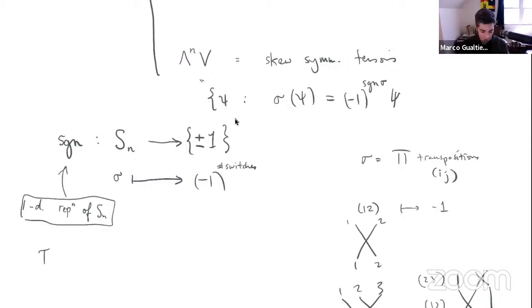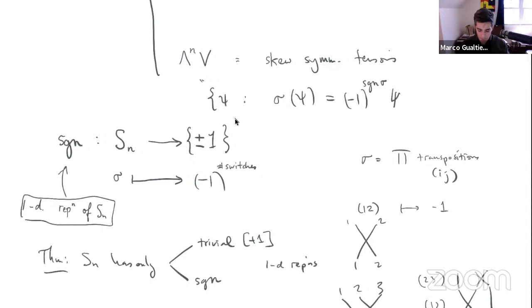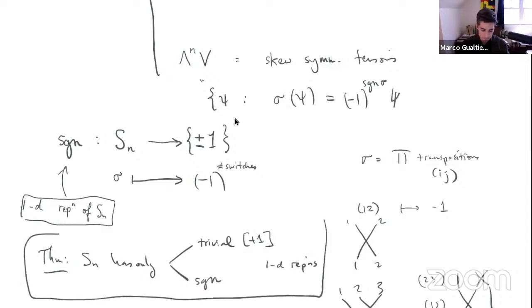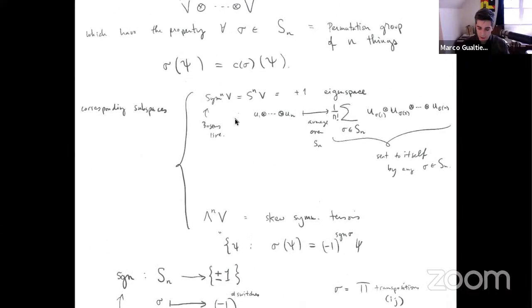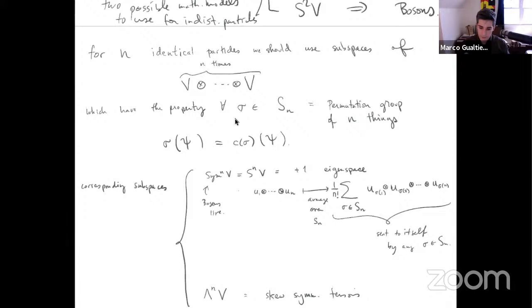So Sn has only the trivial, which is just the +1 matrix, and the sign one-dimensional representations. And this sign is exactly that.